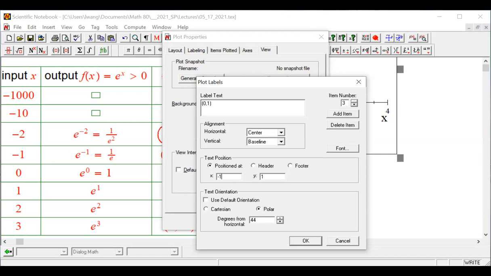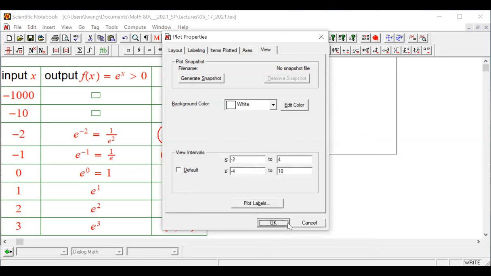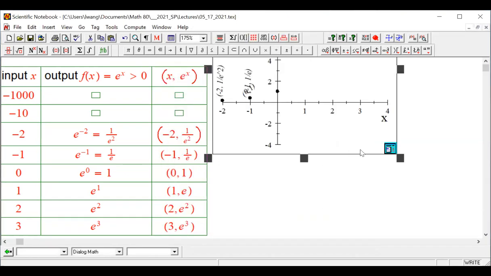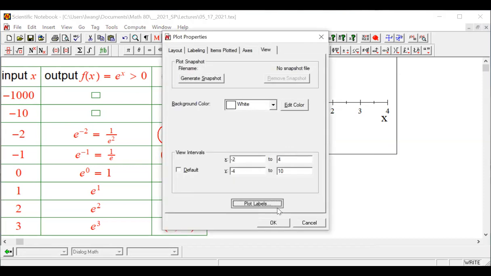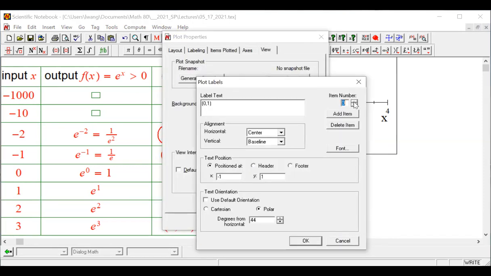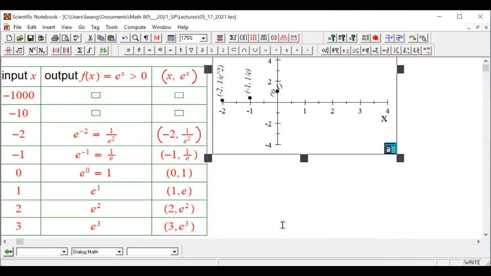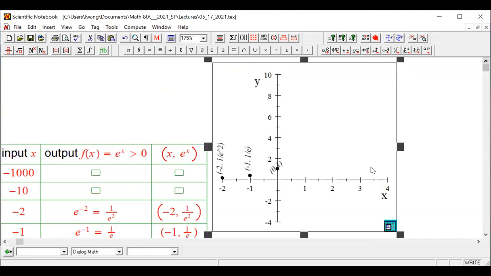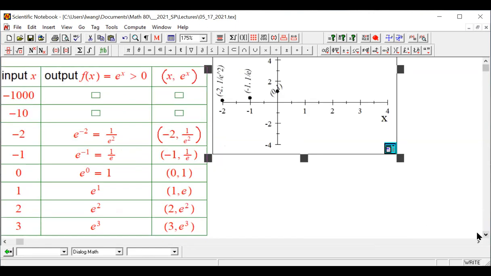So maybe this 45 degree. Show up nicely. Oh, that's terrible. There. Oh. 0, 1. It's not too bad, but it's not the best. Okay, but I'm gonna just move on. It doesn't have to be perfect.